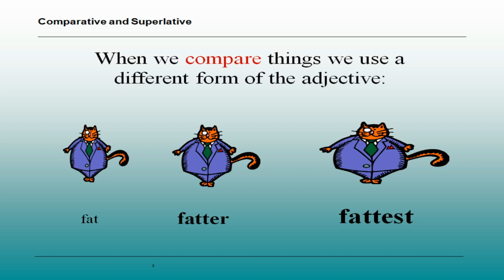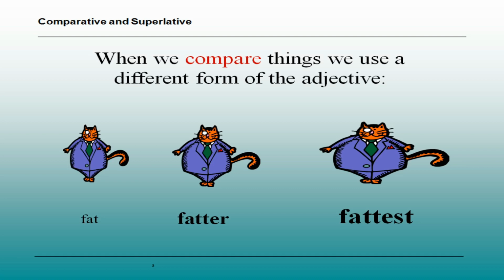In the comparative form, fat, it is F consonant, A vowel, T consonant. Then we should double the final letter to make it comparative.